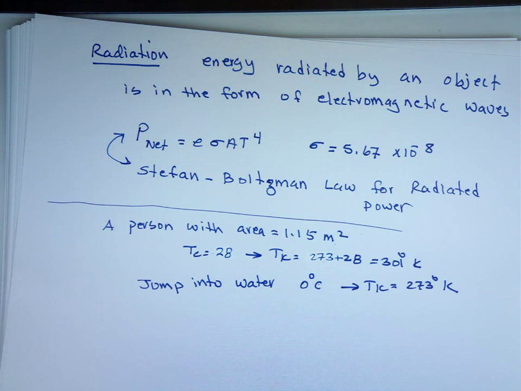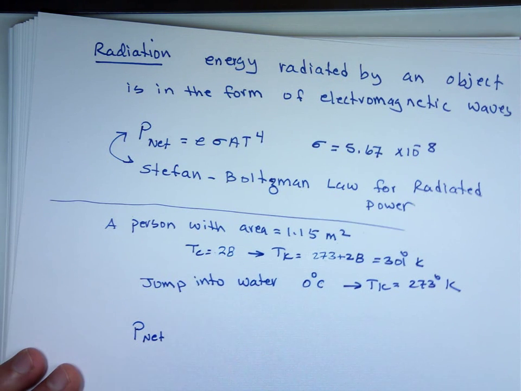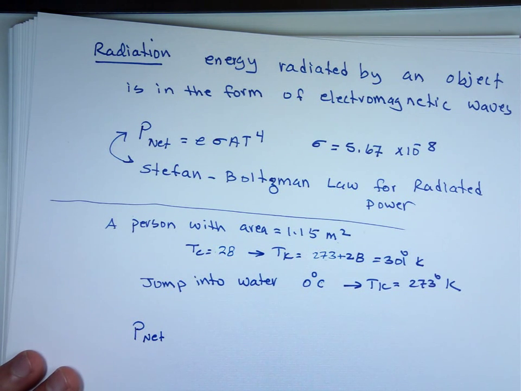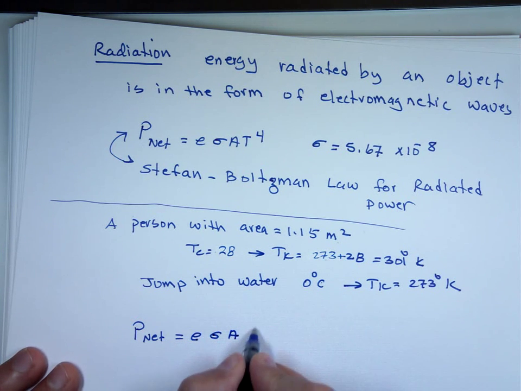So let's find what P is equal to. P is equal to E times sigma times the area times the change in temperature to the 4th degree.